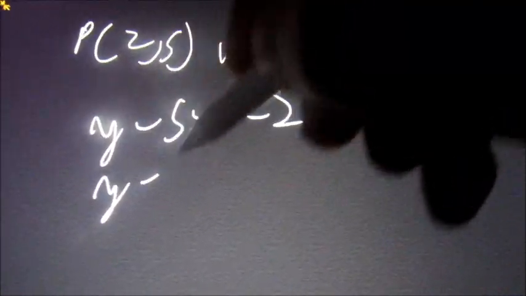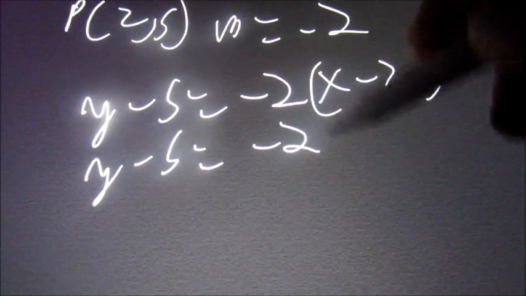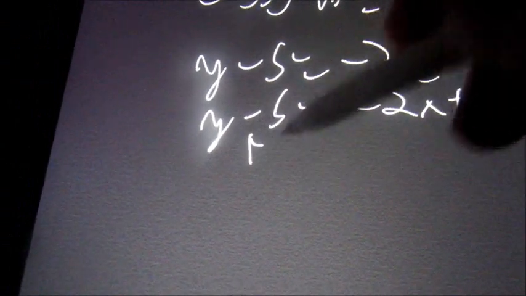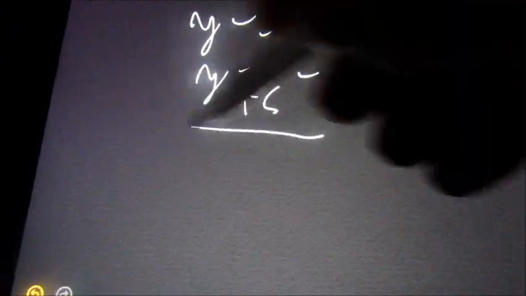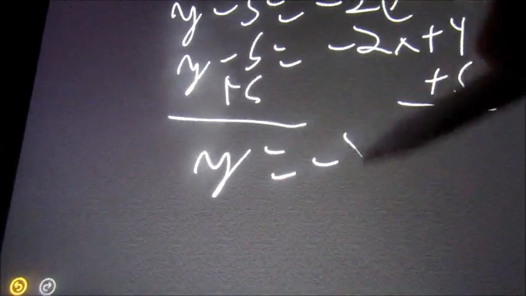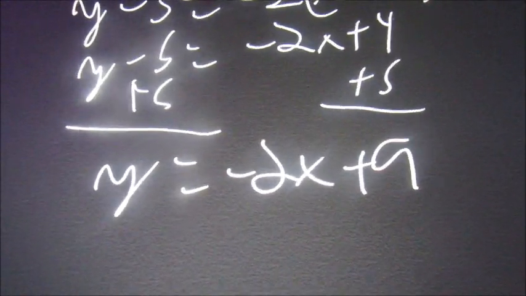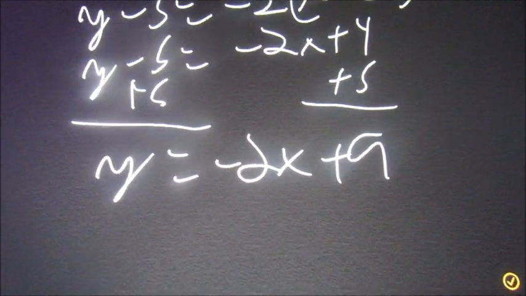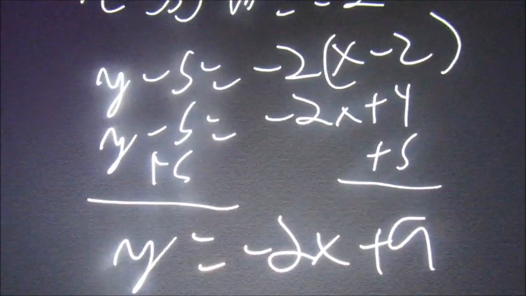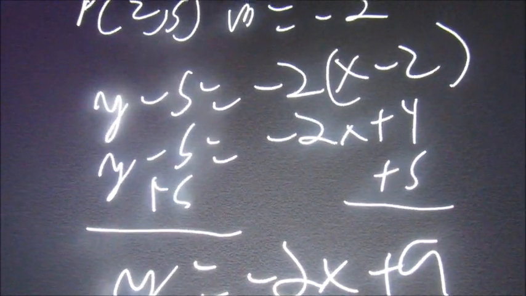Alright, so now you have to distribute the -2. y minus 5 equals -2x plus 4. Then we add the 5, and we get y equals -2x plus 9. They do want these in y equals mx plus b, so make sure you do that.